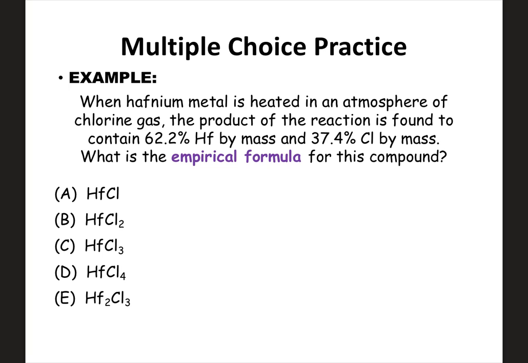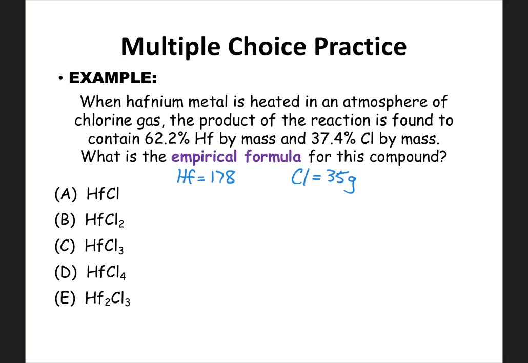Okay, so the first thing I do is I find hafnium on the periodic table. It's number 72, and it has a mass of about 178. So hafnium here is about 178, and then chlorine has a mass of about 35 grams, right?